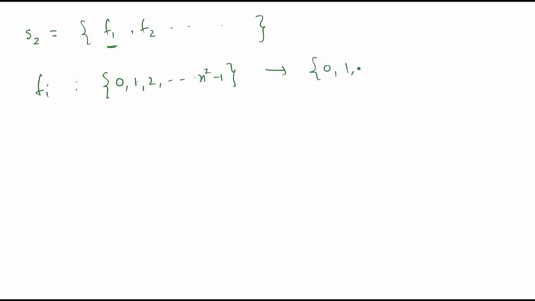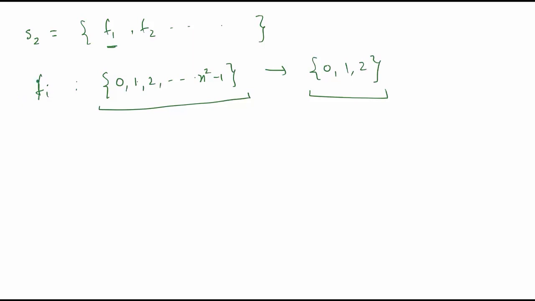Each function fi is a function from this set to this set, so each function has a domain, which is this set, and a codomain, which is this set.